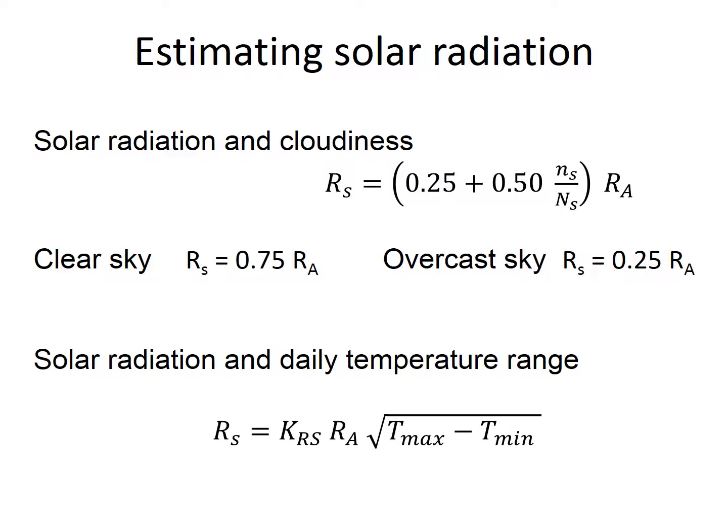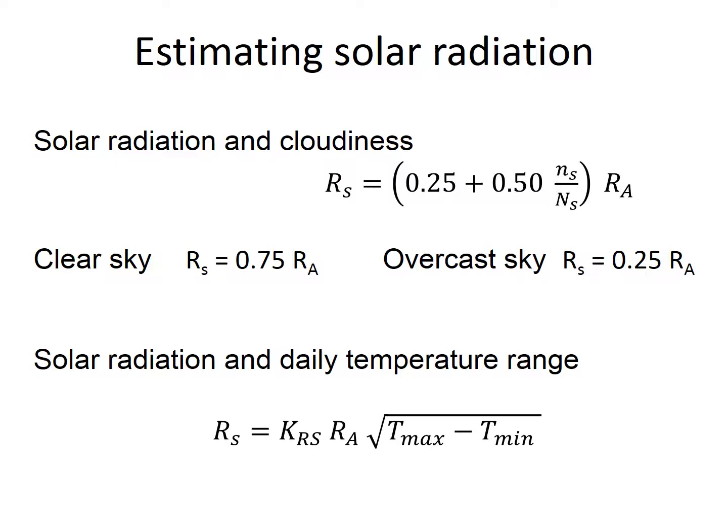This is the radiation received on the top of the atmosphere. According to this equation, for clear skies, we would have on average around 75% of extraterrestrial radiation. On the other hand, under overcast skies, solar radiation would be only around 25% of extraterrestrial radiation.